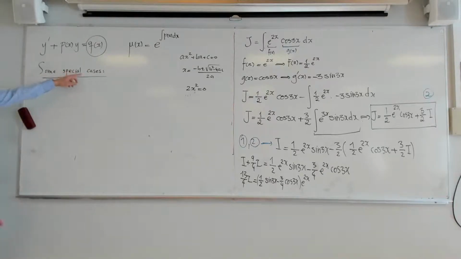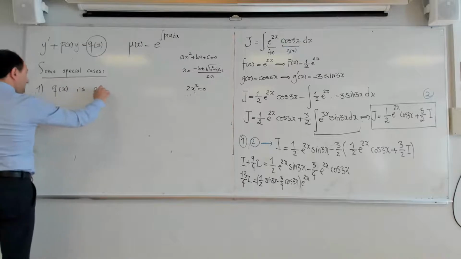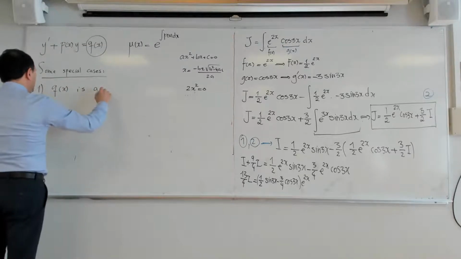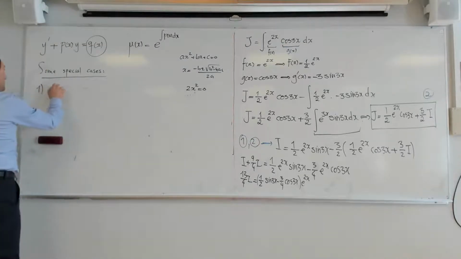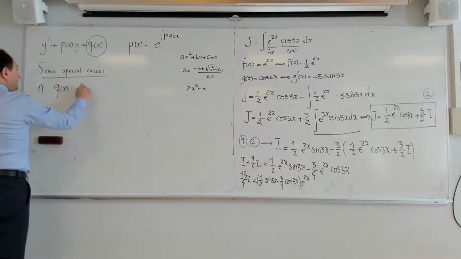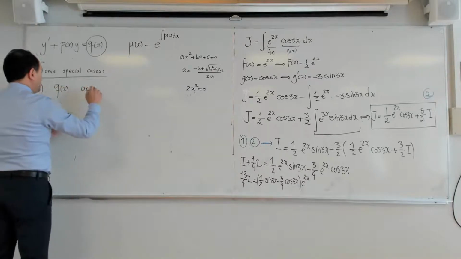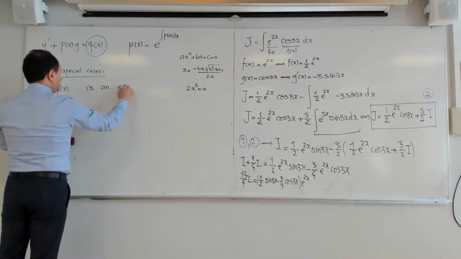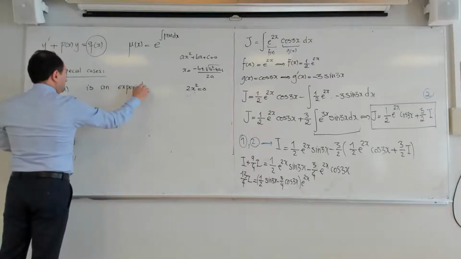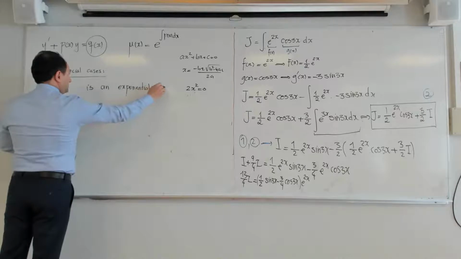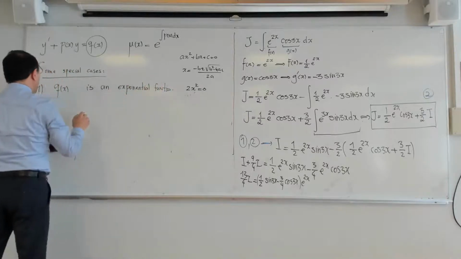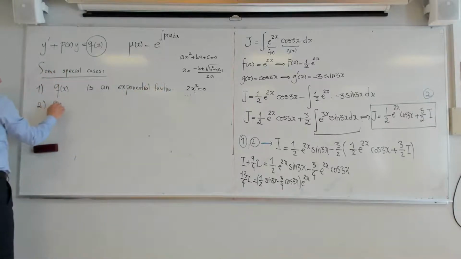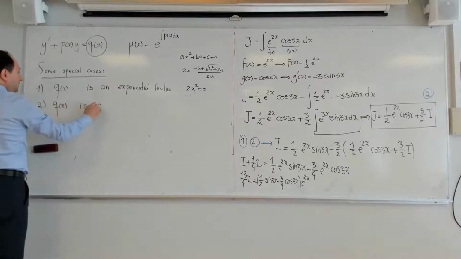One of those cases is when Q of x is a polynomial. Let me start with the simplest case. Number one, Q of x is an exponential function. Number two, Q of x is a polynomial.